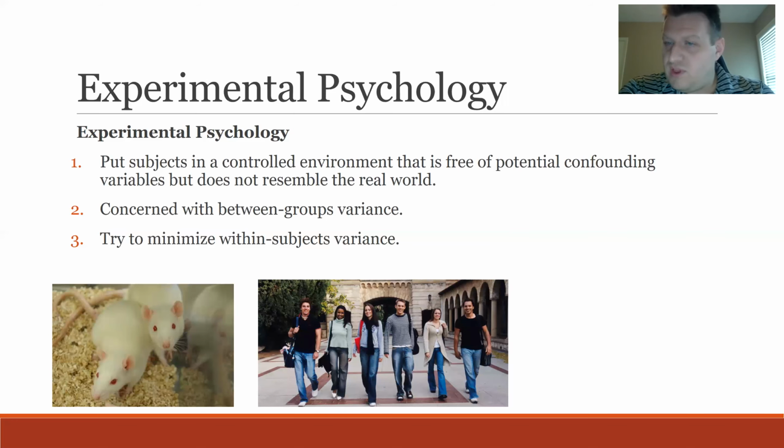We might try to do this with studies with human subjects as well. If you're an experimental psychologist and you are studying, let's just say, students at UNG. Now, students at UNG are not representative of all human beings, but if we look across all human beings in existence, you guys are fairly homogeneous.